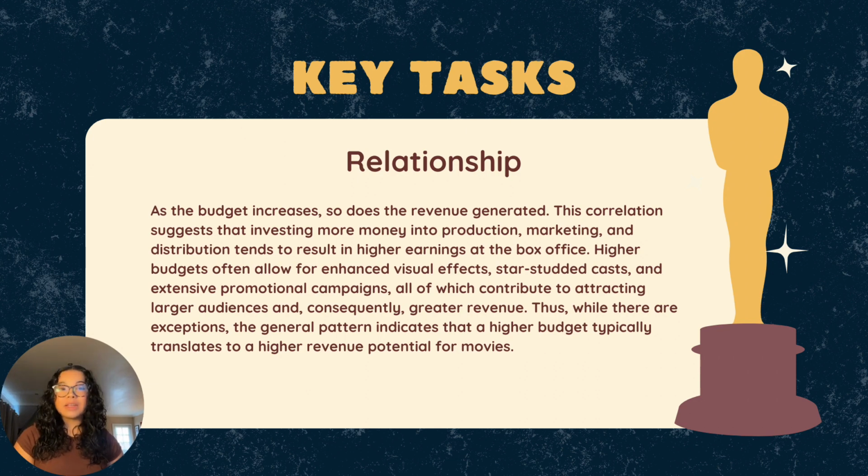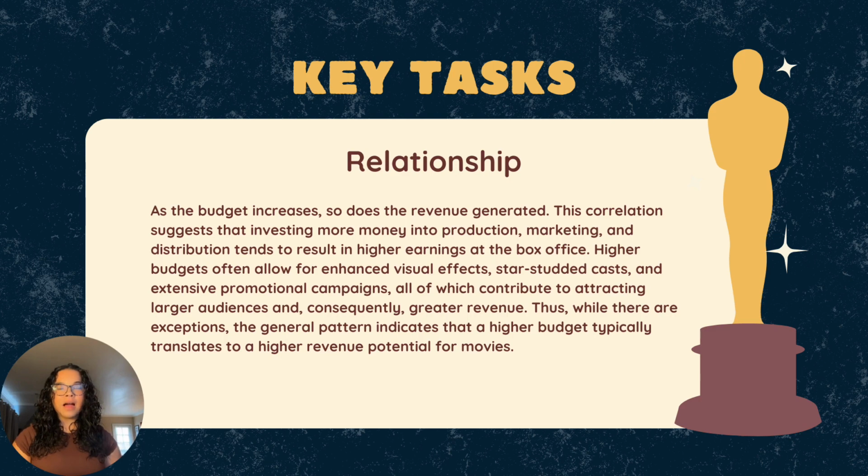But key task relationships, right? As the budget increases, so does the revenue generated. So this correlation suggests that investing more money into production, marketing, and the distribution tends to result in higher earnings as the box office, right, keeps going up. Higher budgets often allow to enhance visual effects, star-studded casts, right?